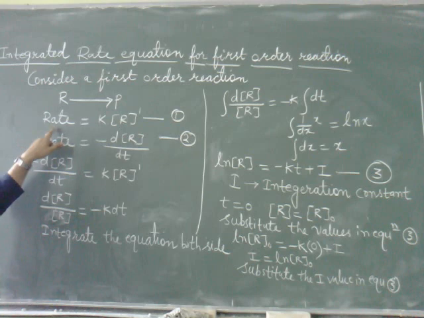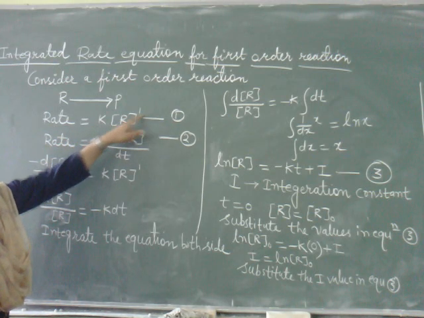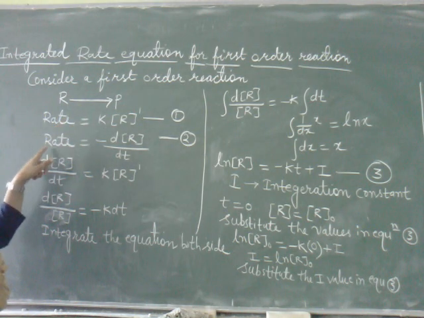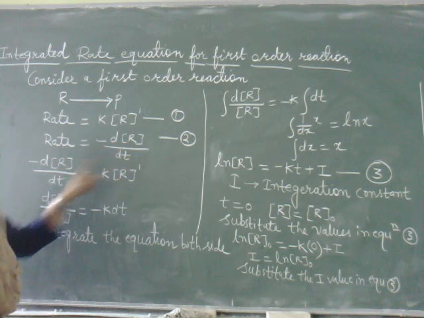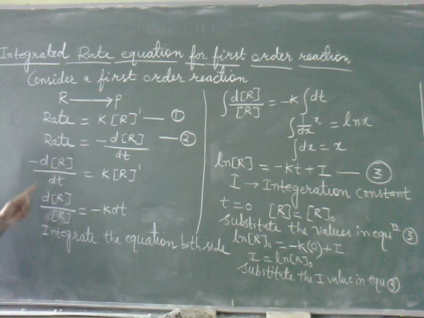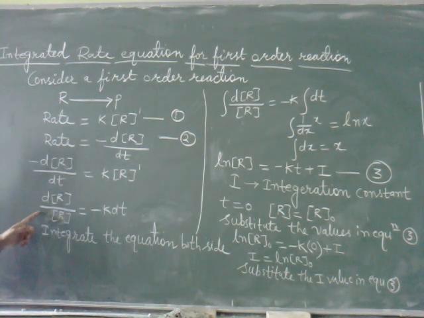For this we write rate is equal to k R to the power 1. And for this reaction we can write the instantaneous rate: rate is equal to minus dR by dt. So from equations 1 and 2 we can write minus dR by dt is equal to k R power 1.